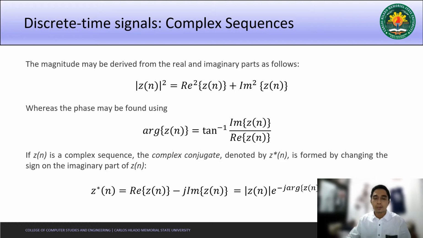The complex conjugate of a complex sequence, denoted by z asterisk of n, is formed by changing the sign of the imaginary part. So we have the formula z asterisk of n, with the real part and the negated imaginary part.